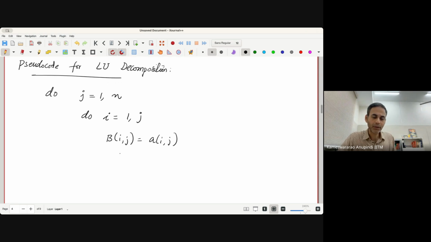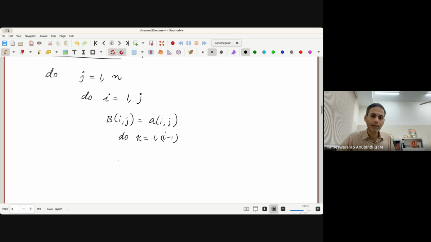Then I have to subtract off so many elements, that is the product of alpha ik and beta kj, which has to run over k. That means I'll have another loop, do k equals 1 to i minus 1, right? And then I would write beta ij equals beta ij minus alpha ik star beta kj.